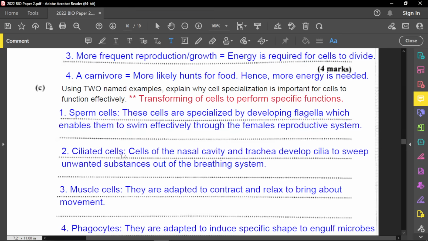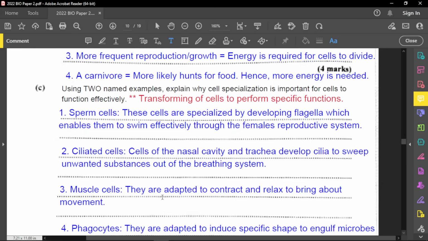Ciliated cells you may find in the nasal cavity. You may also find them in the trachea, and they develop what they call cilia to sweep unwanted substances out of the breathing system. In other ciliated cells, the cilia can also assist with movement because they're similar to the flagellum.